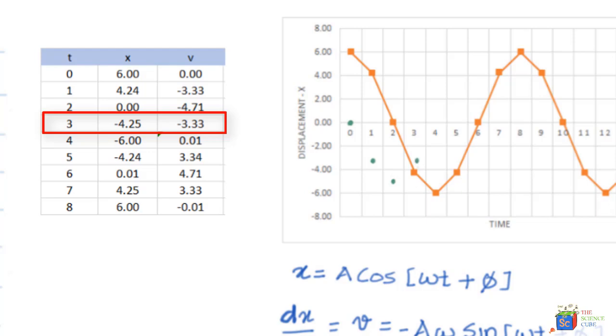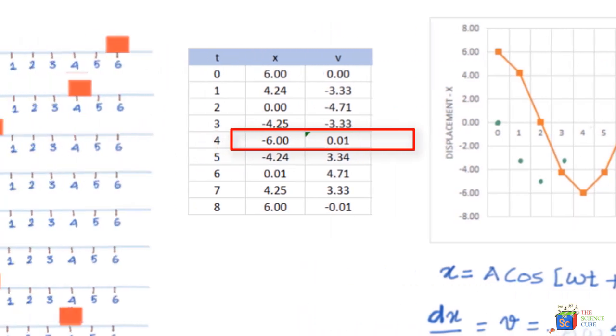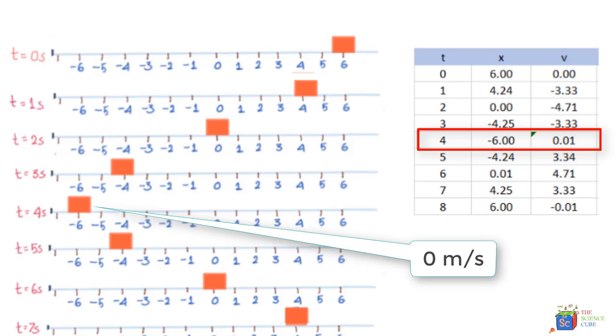And then at t equal to 4 seconds, it becomes 0. So the velocity here is 0 meters per second, because at t equal to 4 seconds, it has reached the extreme left position where the velocity becomes 0, because the spring is totally compressed, and then it starts pushing the mass again towards the equilibrium position.